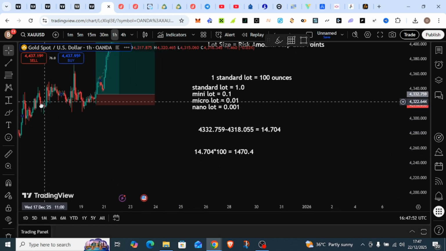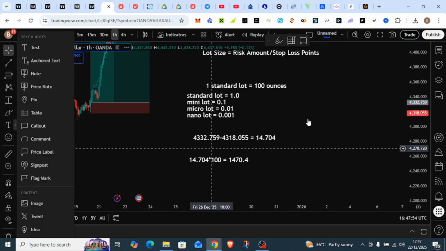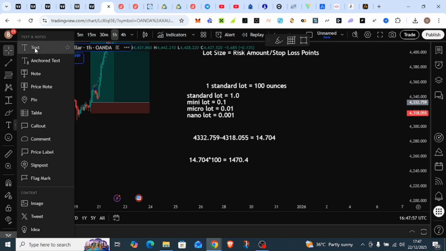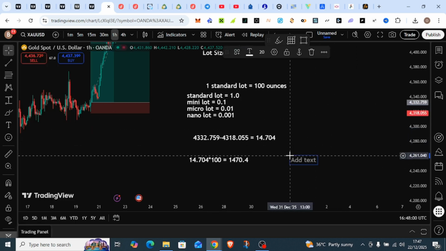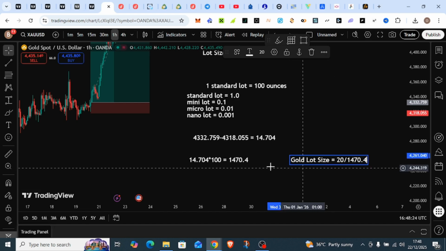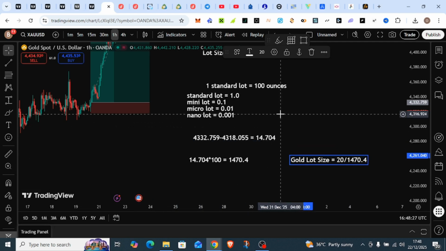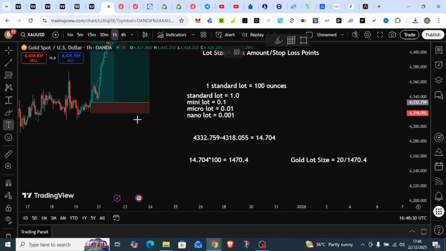For us to get the lot size of gold that will place the trade, what we have now is gold lot size equal to the risk amount, which is $20, over 1470.4.